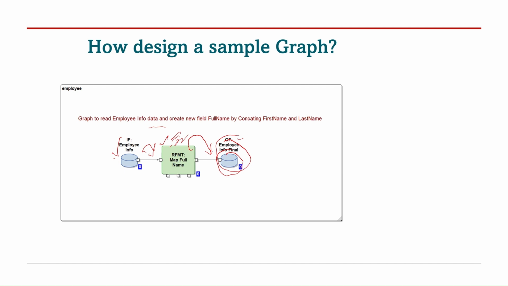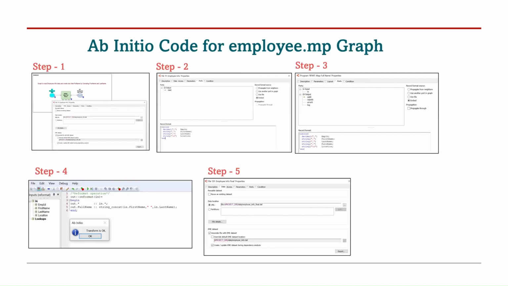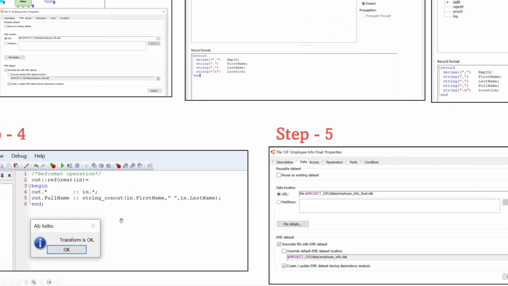Later I need to perform a simple transformation, which is to create one new field called full name, a concatenation of my input first name field and last name field. Then after this transformation I need to create my final employee file. That is how I wrote my transform function. I used the built-in function string_concat to concatenate the first name and last name.